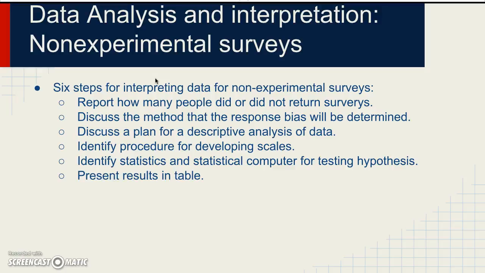Identify the statistics and statistical computer program for testing the research questions or hypothesis. The researcher should provide a justification for the choice of statistical test and the assumptions associated with the statistic. Step 6. Present the results in tables and figures and interpret results from statistical tests. The researcher should draw conclusions from the results of the research question and hypothesis.